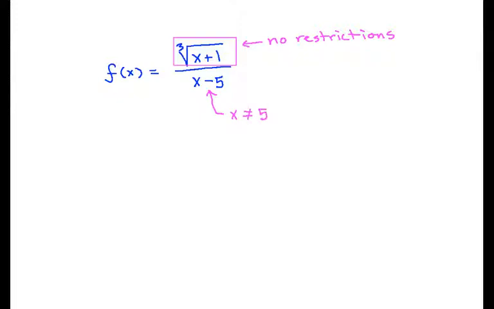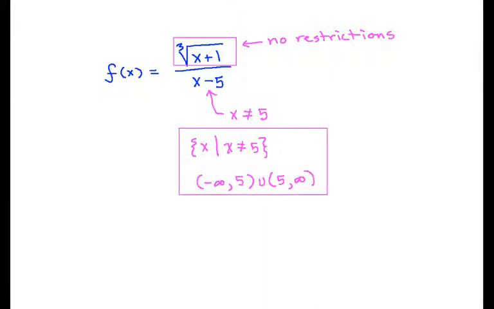So our domain in this case, either in set builder notation, the set of all x, such that x is not equal to 5, or in interval notation, negative infinity up to 5, union 5 to positive infinity. This is our trick for plucking a single value out of a number line.